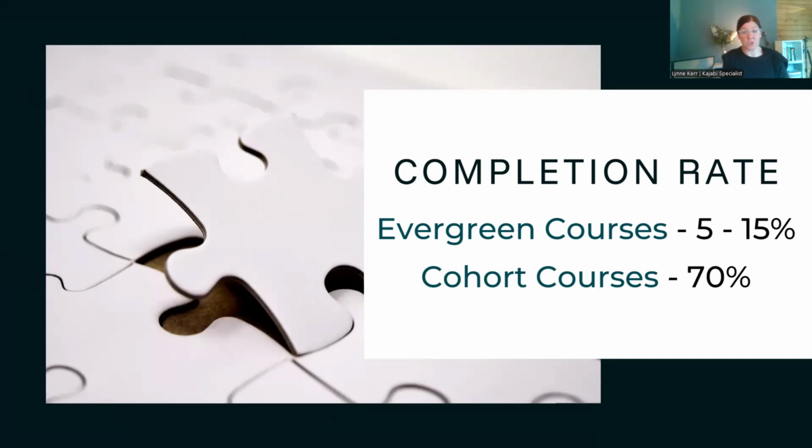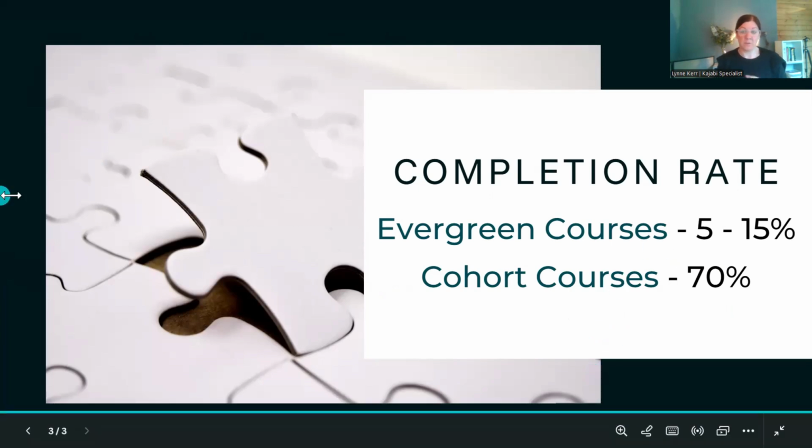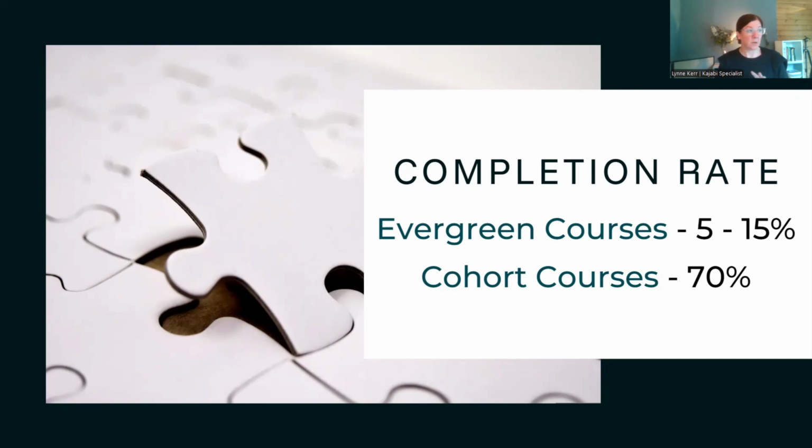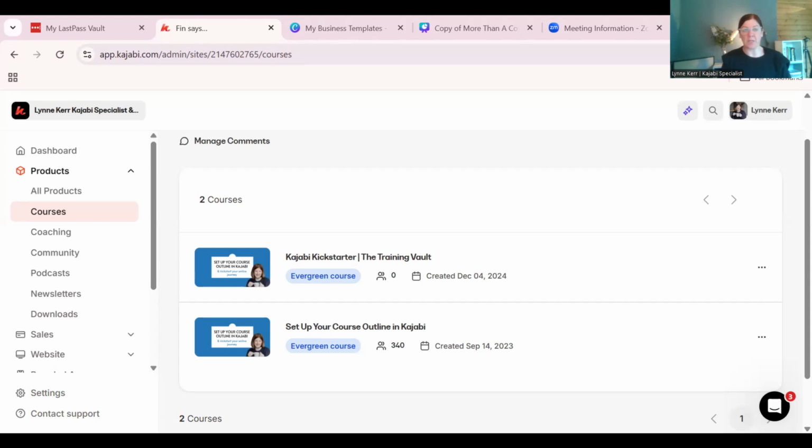Now, that's compared to evergreen courses, which are typically around 5 to 15%. So quite a significant difference in completion rates. So a lot of reasons why you should be looking at cohort courses as an option. Most notably, obviously, completion rates are significantly different between evergreen and cohort courses.